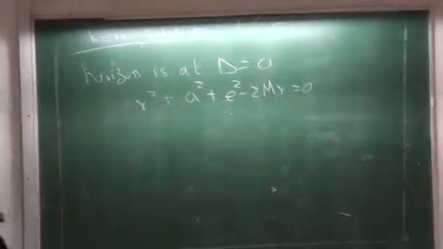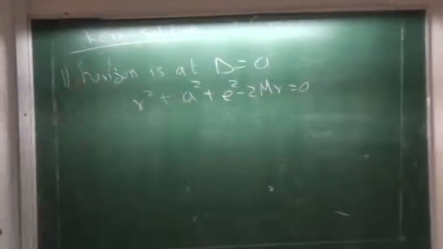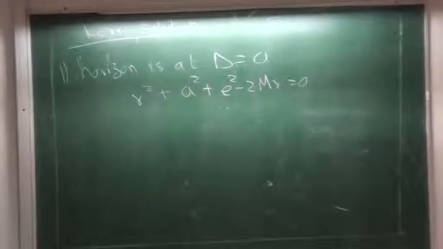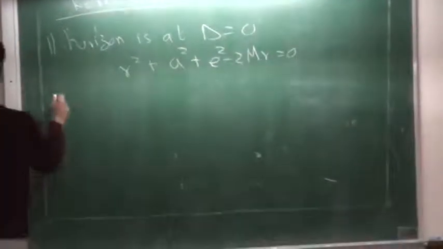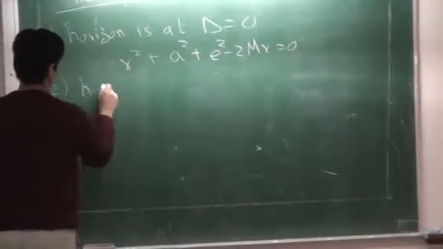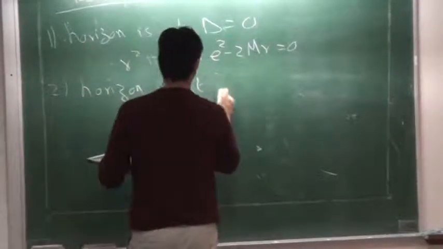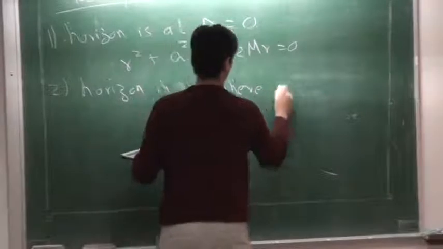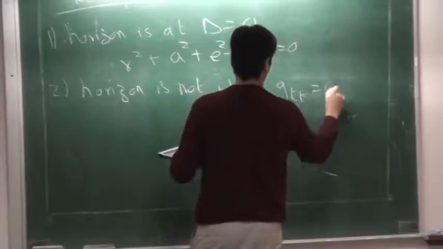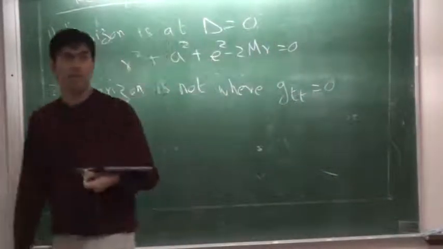So the first statement, which is a fact, is that the horizon is at delta equals 0. The second thing you can check is that the horizon is not where dtt is 0.